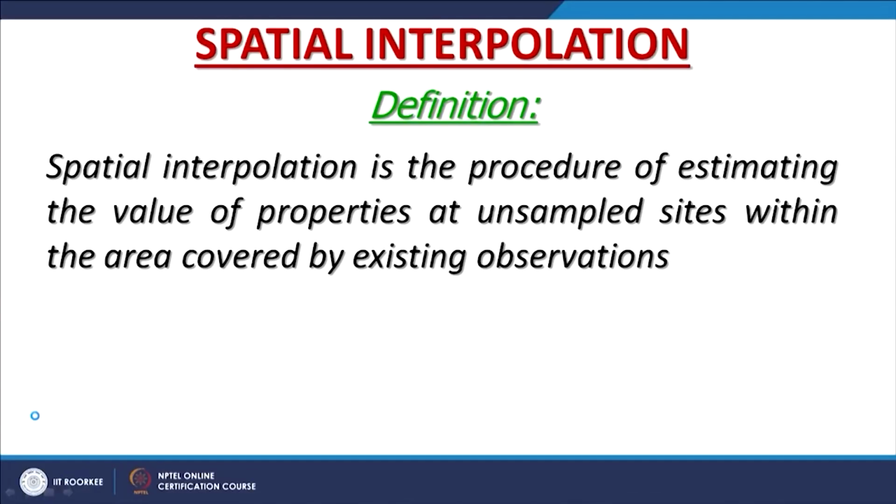This is more or less the definition you would find in literature, that spatial interpolation is the procedure of estimating. This is the important term here, because it is not measuring anything. It is estimating based on input data for unsampled sites, and also within the area which we would like to cover by existing observations.